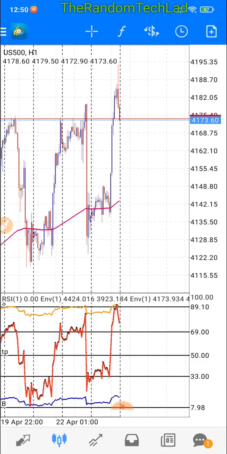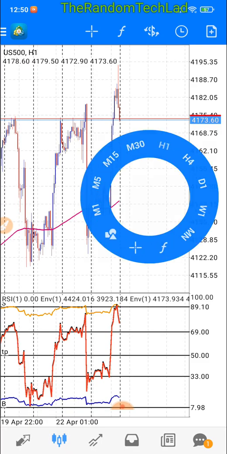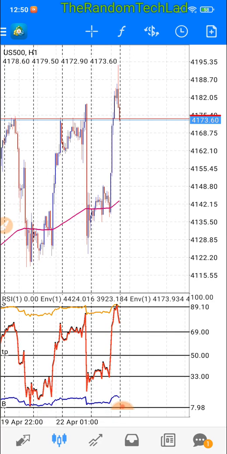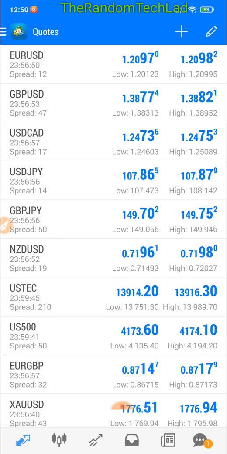So done, and we go on, add the second envelope, and these are the settings. It's completely different from the first one, so you need to make sure you've got the right settings on your indicator. Now once you're done, just go and look for any chart and try and backtest on it.